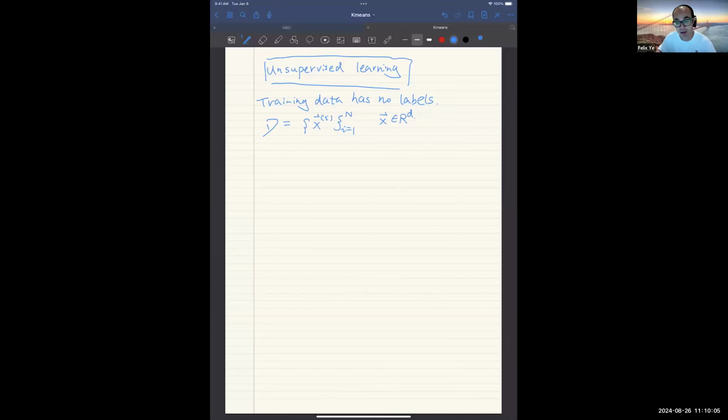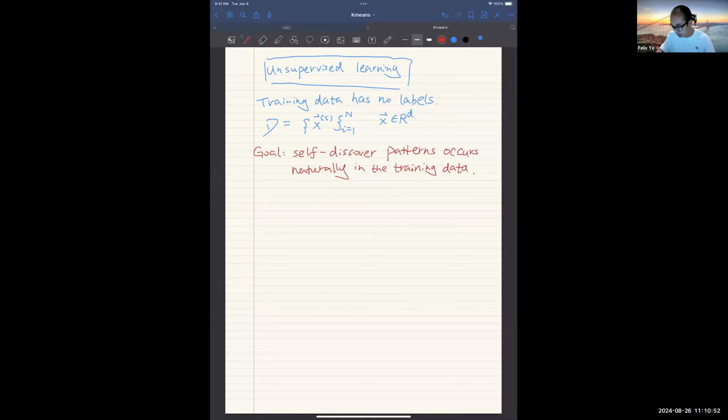Since we don't have any pre-assigned labels or values of the target, the goal is to self-discover patterns that occur naturally in the training data.